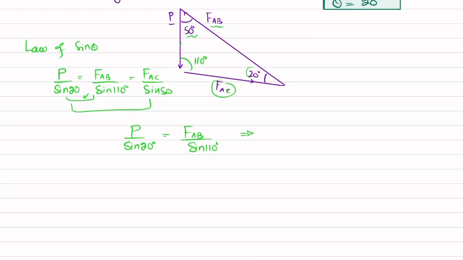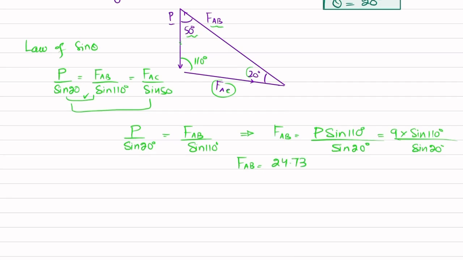So from here FAB is equal to P into sine of 110 degree divided by sine of 20 degree. Put the value P is 9, sine of 110 degree divided by sine of 20 degree. By using a calculator, FAB comes out to be 24.73 kilo Newton. So this is our required force.